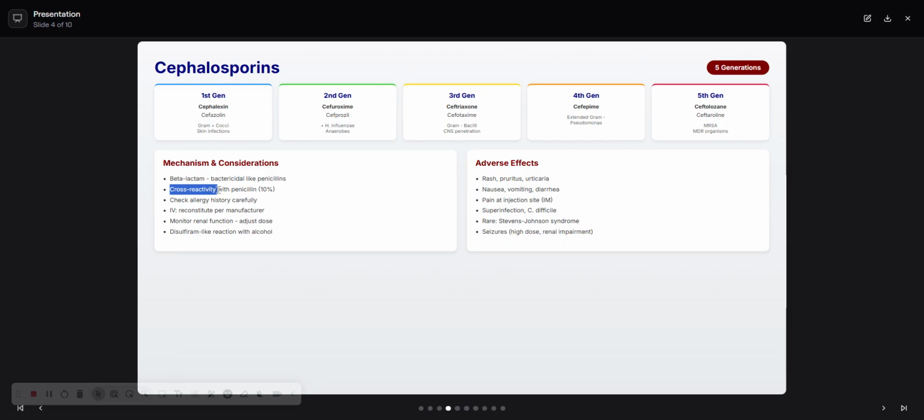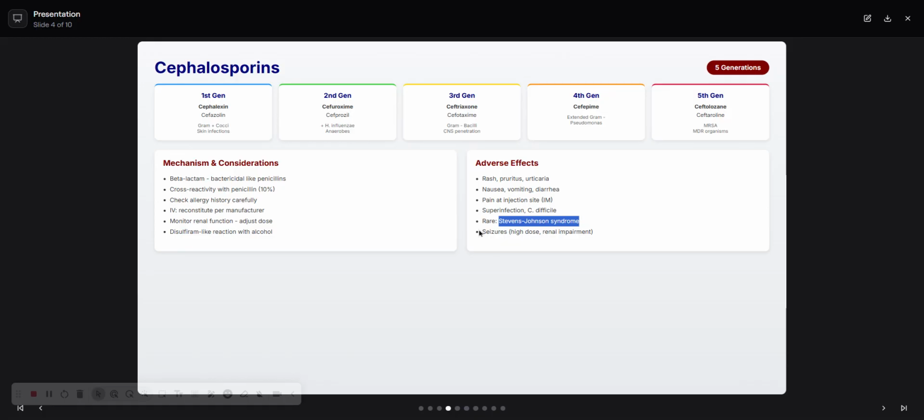Yeah, we see this right here, cross reactivity with penicillin, which is why you have to check the allergy history carefully, because lots of people skip over this small error, which can lead to bigger errors. Again, avoid alcohol. Another one you should know for adverse reaction is Stevens-Johnson syndrome.